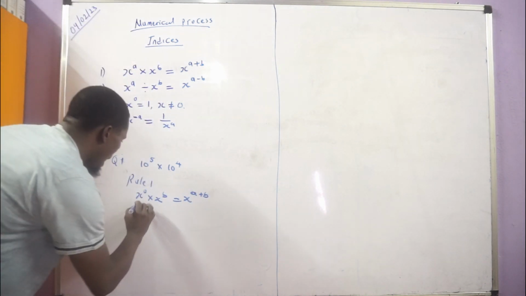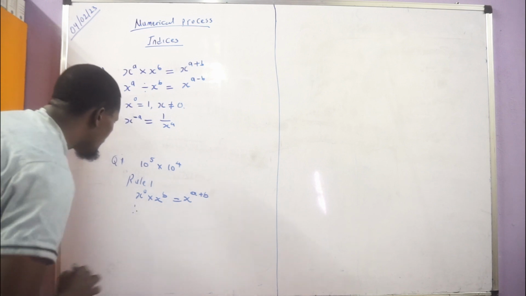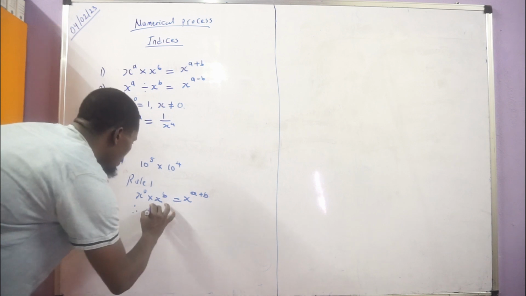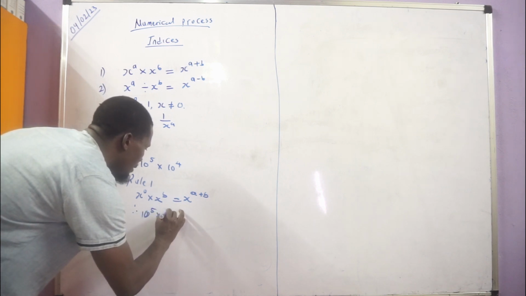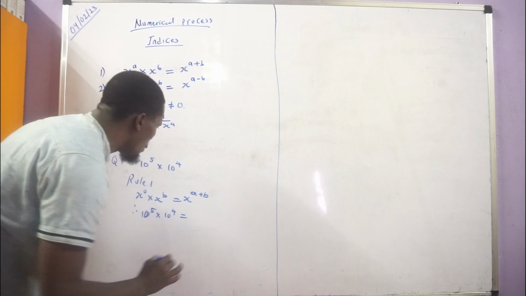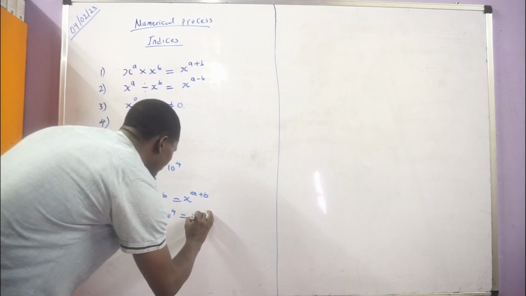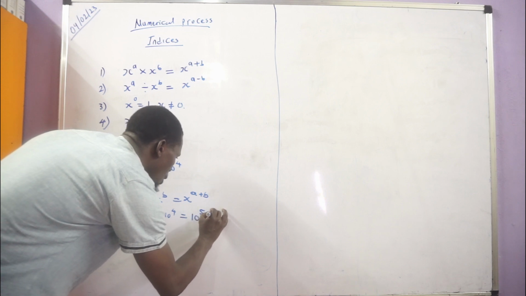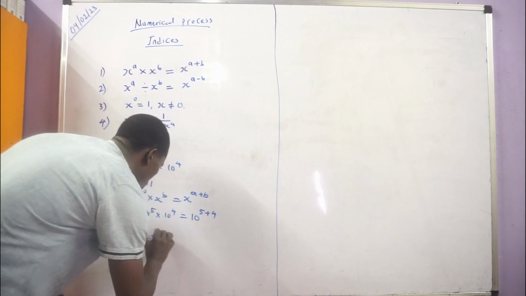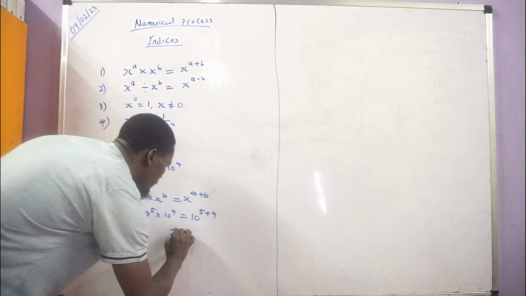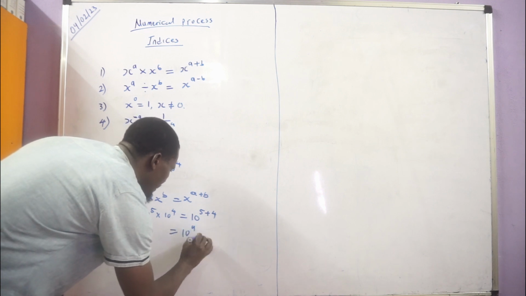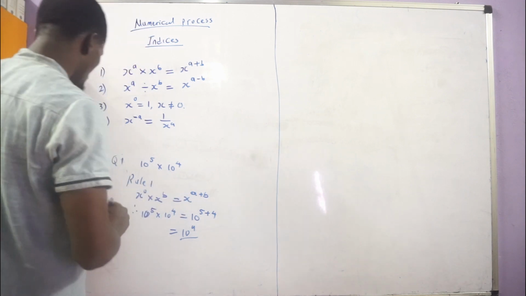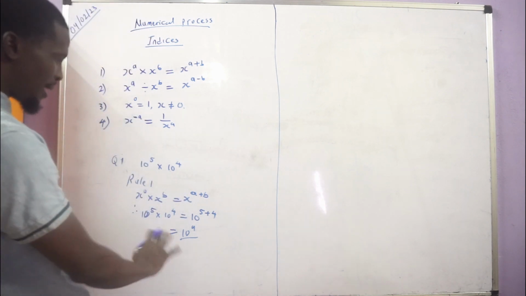Therefore, 10 raised to power 5 multiplied by 10 raised to power 4 is equal to 10 raised to power 5 plus 4, which is going to give us 10 raised to power 9. It's as simple as that. That's the first question.